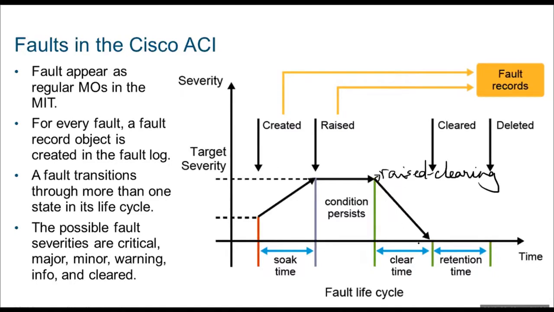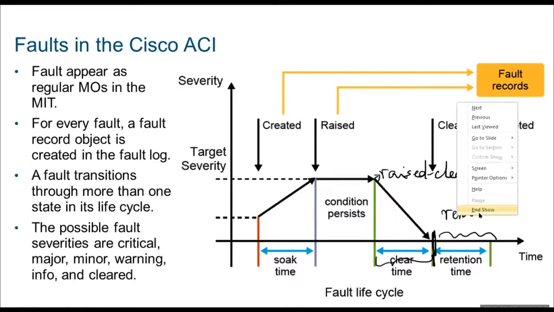It stays there. It's still saying, I am just waiting, during this interval to see if this fault returns or not. If it doesn't return, it's moved to this state. And then during this time, it is considered retaining state.